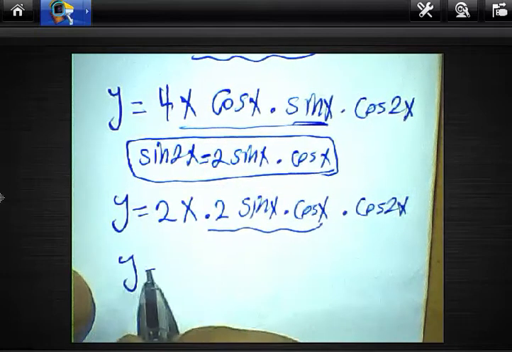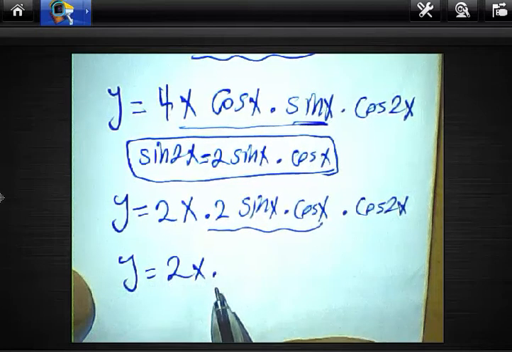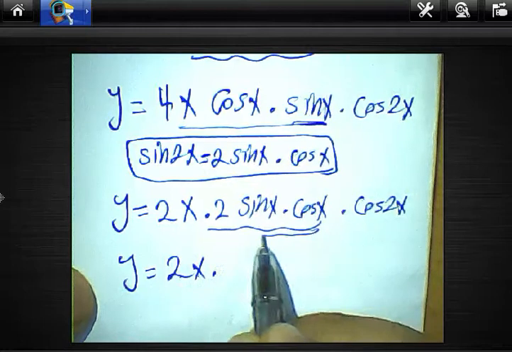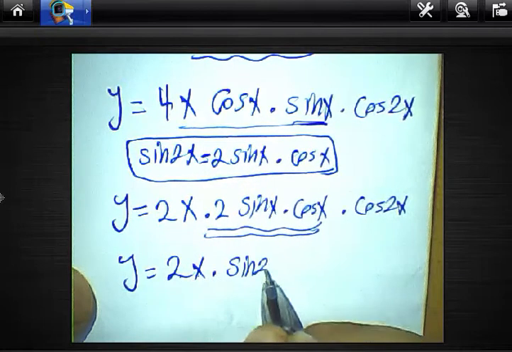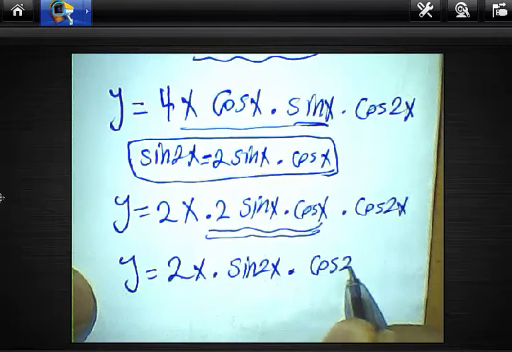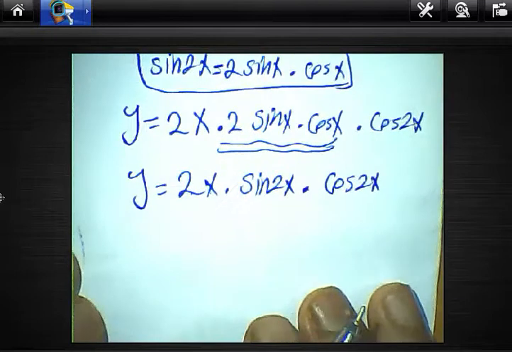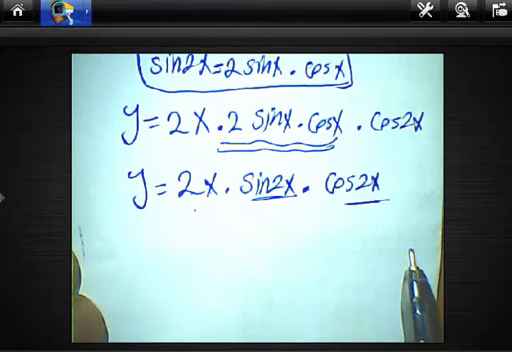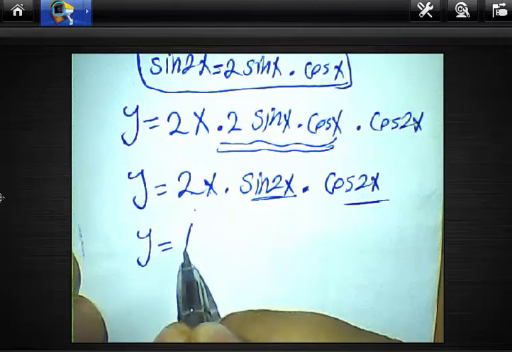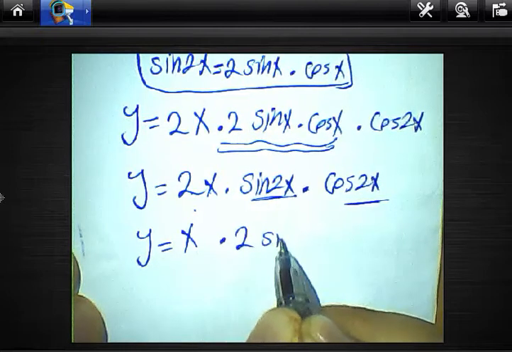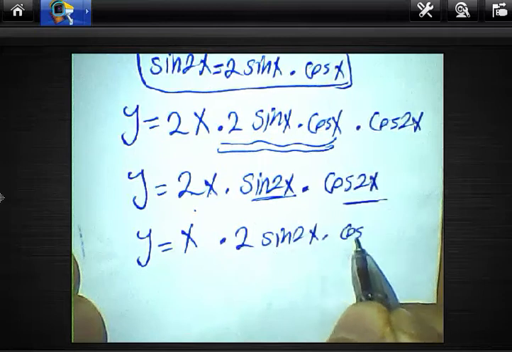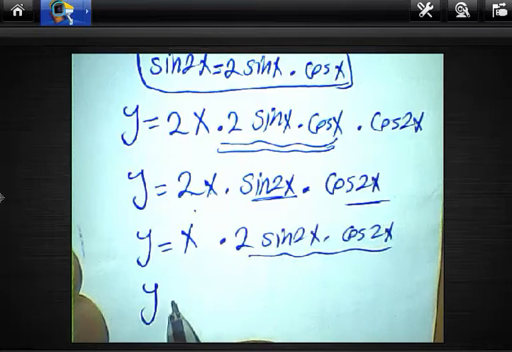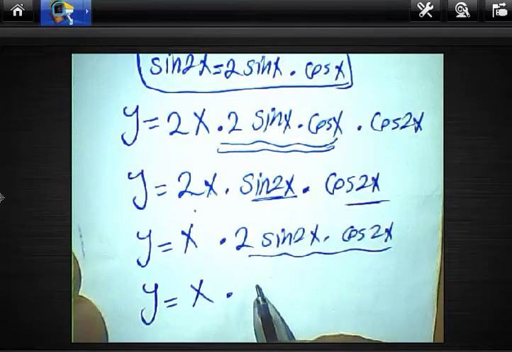Then y equal 2x multiply by sine 2x multiply by cosine 2x. And we know 2 sine 2x cosine 2x, we can write sine 4x. So the result will be, we can write x outside here and write 2 sine 2x multiply by cosine 2x. It's a double of angle here. So y equal x multiply by what?